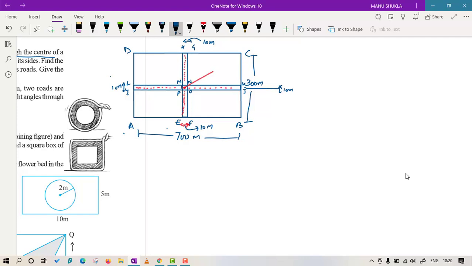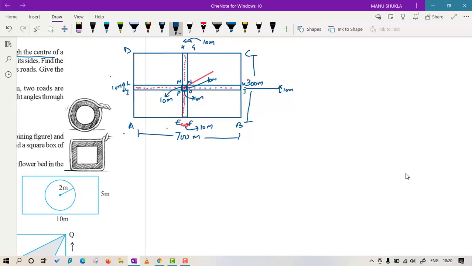Because MP is also a part of the path only. This OP is also 10 meters. This ON is also 10 meters, and this is also 10 meters. And moreover, all the angles are 90 degrees. So can we say this MNOP is a square? We can say. Okay, now let's think how to find the area of the path.